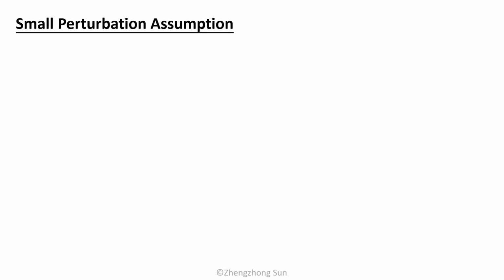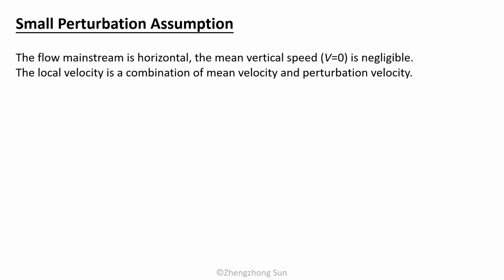How can we do the further simplification? In order to simplify the full velocity potential equation for compressible flow, we need to use a small perturbation assumption. I am not sure whether you are familiar with it; it's widely used in, for example, flight dynamics analysis. Under the small perturbation assumption, we consider the flow's mainstream is horizontal, and the mean vertical speed is negligible, so the vertical speed of the free stream is 0.